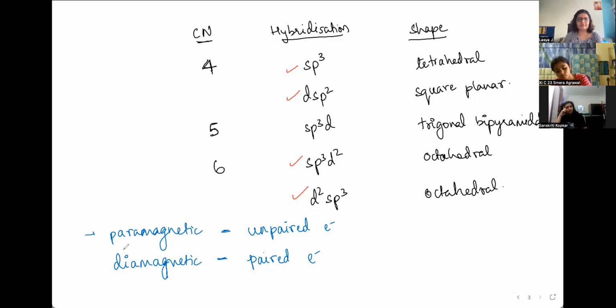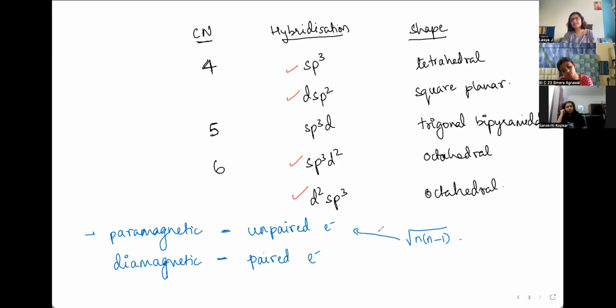For valence bond theory, how did they figure out which complex has which hybridization? First, they take a particular complex and they measure the magnetic moment. You can measure it by this formula, root of n into n plus 2, where n is the number of unpaired electrons.